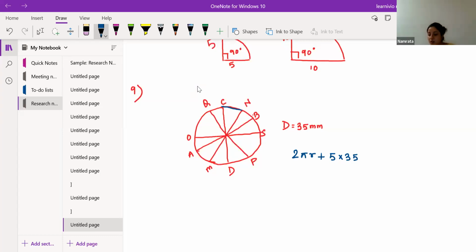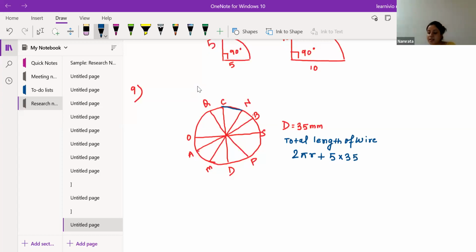This will give us the total length of silver wire. Is it clear to both of you? Any confusion? No, ma'am. Okay.